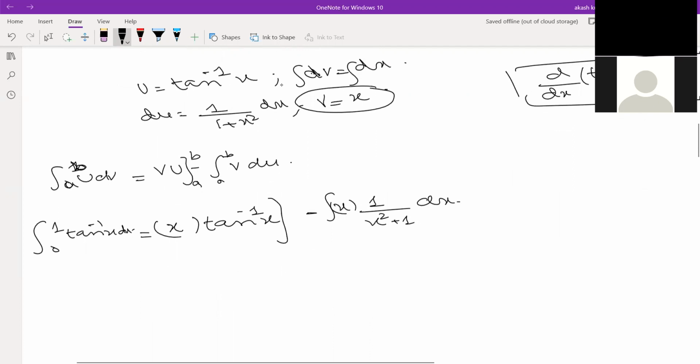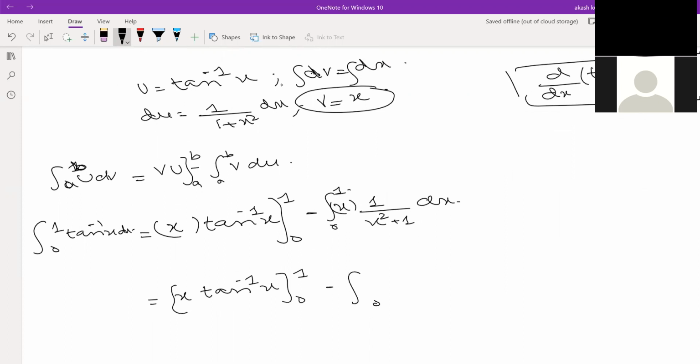So here we'll be applying the limits a to b, which is from 0 to 1. It becomes x tan inverse x from 0 to 1 minus integral from 0 to 1 of x over 1 plus x squared dx.